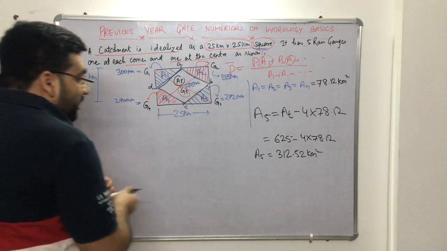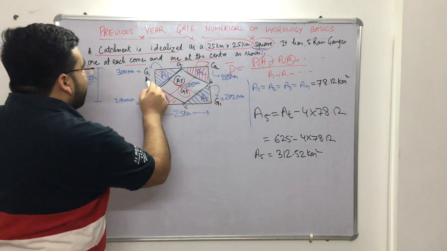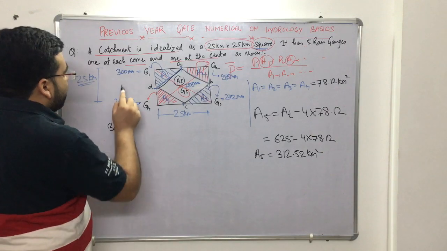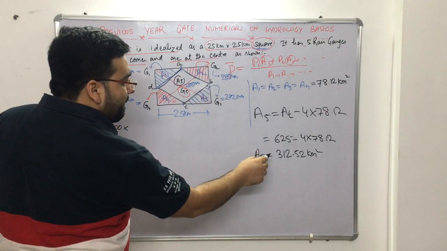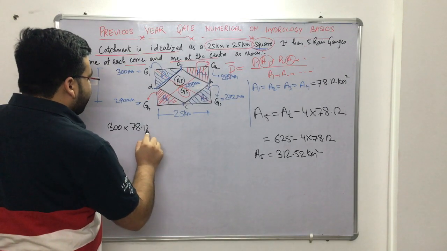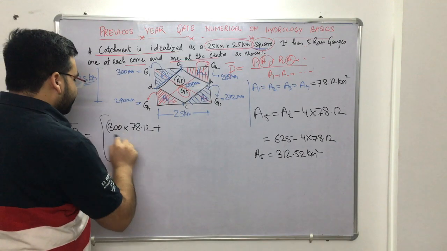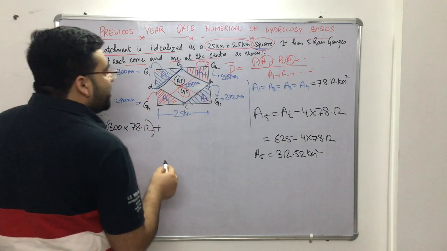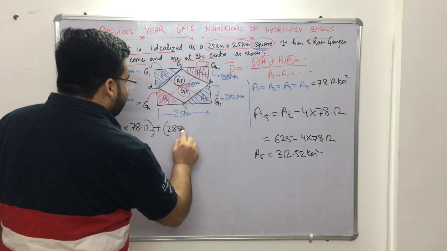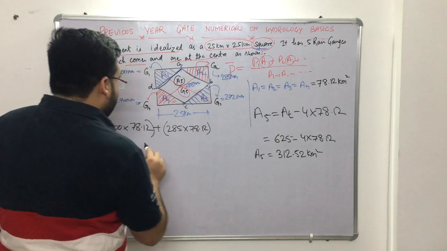So A5 is also known. Now the next step would be to just multiply it with the precipitation. For G1 we have 300. The area of G1, that is A1, is 78.12. So P bar will be equal to 300 into 78.12, plus for G2 the precipitation is 285, same area into 78.12, clear?